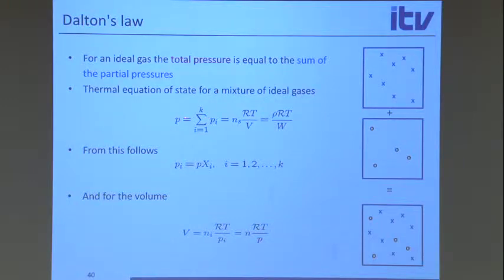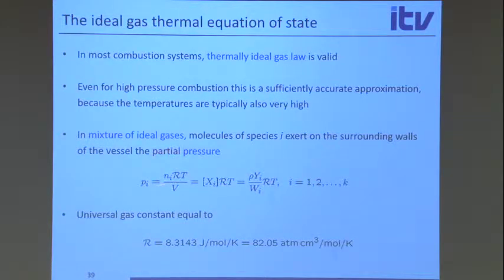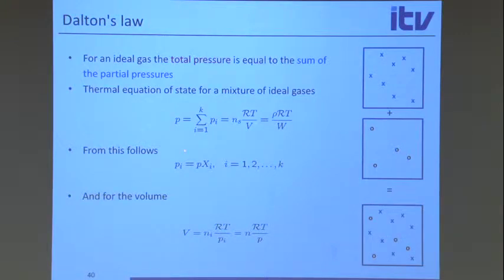So the total pressure is the sum of the partial pressures of the individual species, and the partial pressure is related to the number of moles at temperature and volume by the ideal gas equation of state.